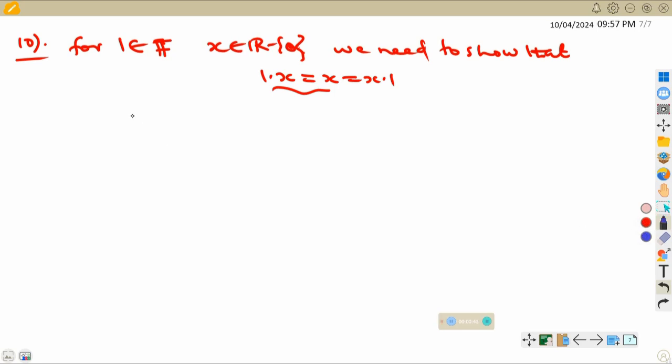So let us look at 1 times x. By definition, remember that if you have k times x, it will be same as x to power k. If you have x plus y, it will be same as x times y. So if I have 1 times x, I can write this as x to power 1. But what is x to power 1? X to power 1 is same as x.